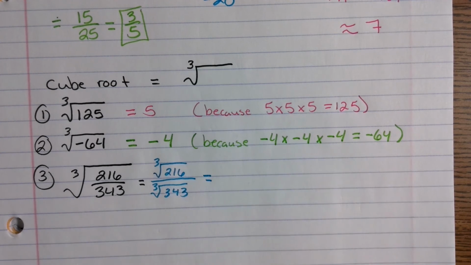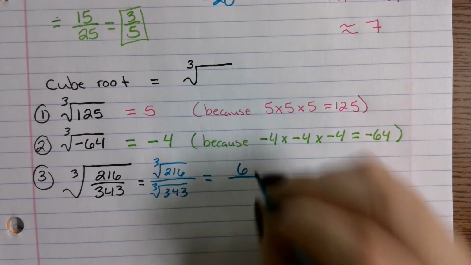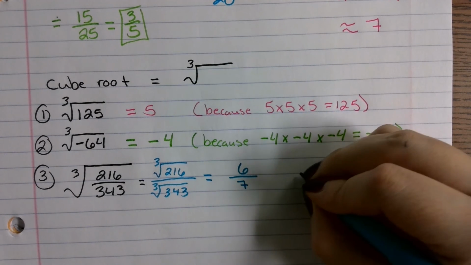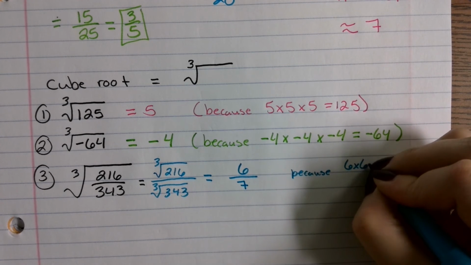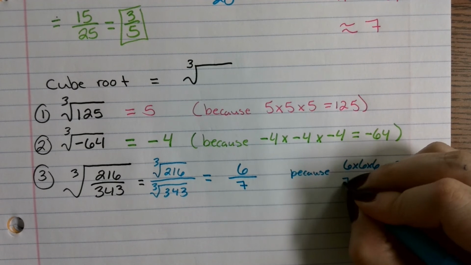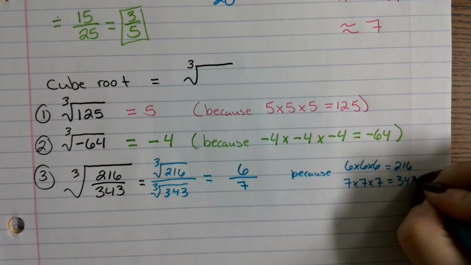And again, you just have to have these memorized. The cubed root of 216 is going to be 6, and the cubed root of 343 is going to be 7. Again, because 6 times 6 times 6 equals 216, and 7 times 7 times 7 equals 343.